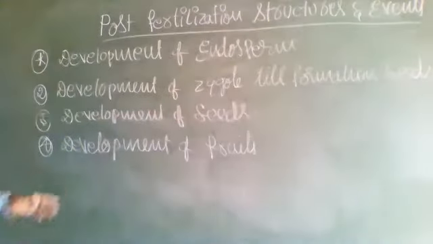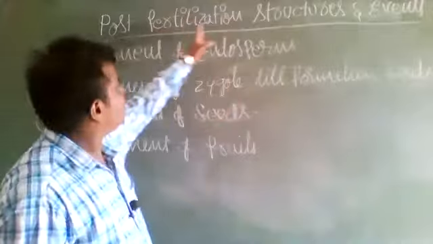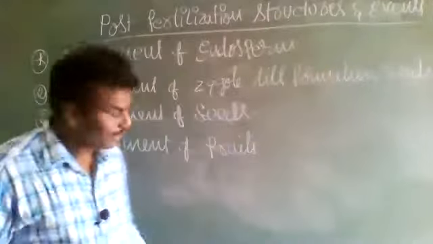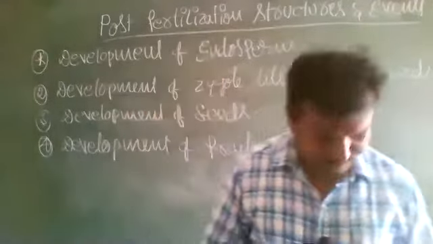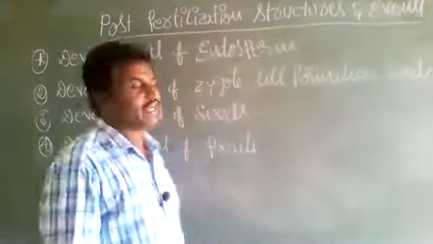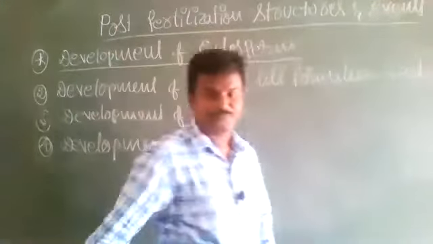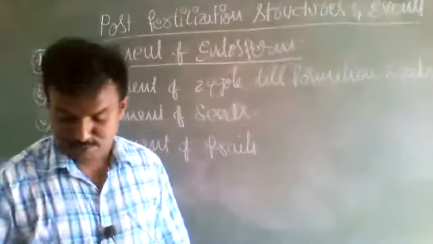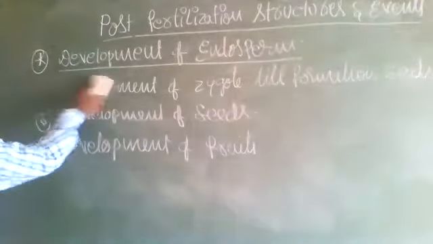So these are all the changes that take place in flowers. These are called post-fertilization structures and events. If we discuss all these events, our second chapter is finished. Before that, first of all, let us talk about the development of endosperm. Thereafter, we will see these headings.